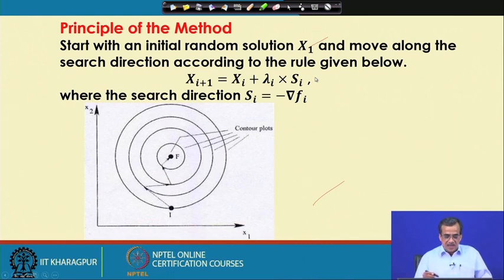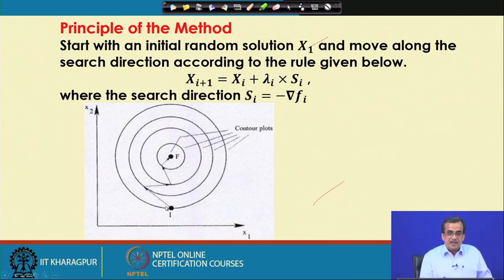Now, let me take a very simple example. Supposing that I have got an objective function of two variables x 1 and x 2. So, y is a function of two variables x 1 and x 2. For a particular value of y, I can find out the contour plot, for another value of y, another contour plot, and so on. Now, this particular algorithm starts with an initial solution selected at random.